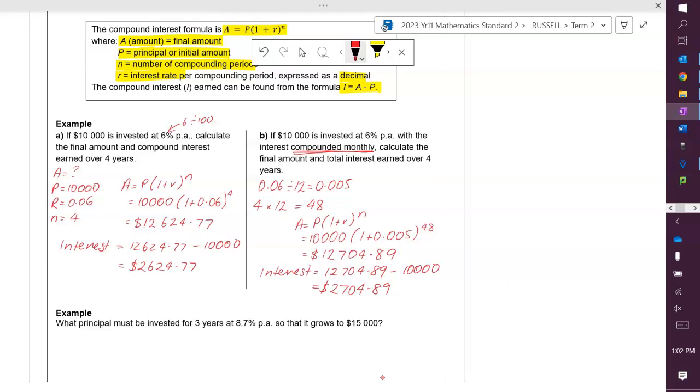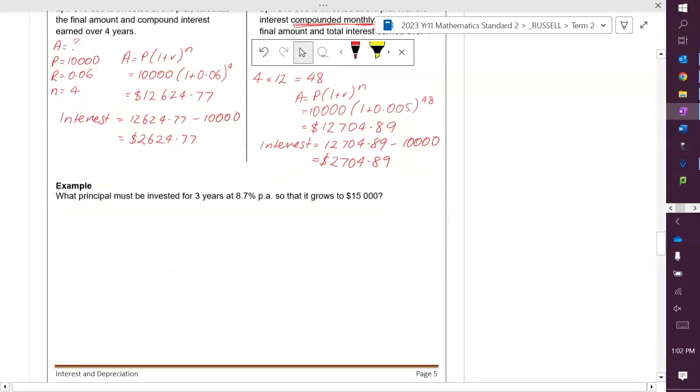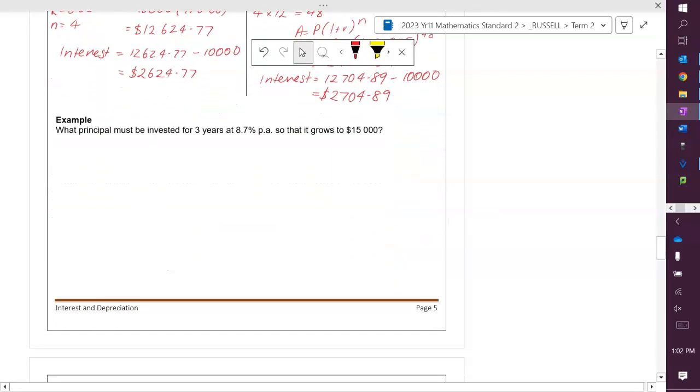How often it is compounded, how often you get that interest, and what that interest rate is going to be, and do those calculations. So another example here, what principal must be invested for 3 years at 8.7% per annum so that it grows to $15,000?